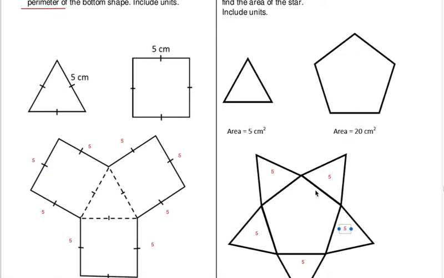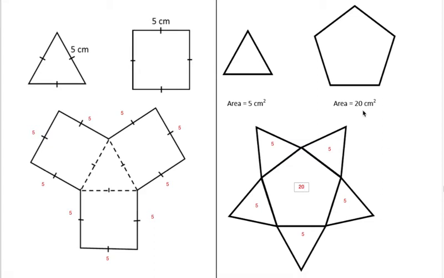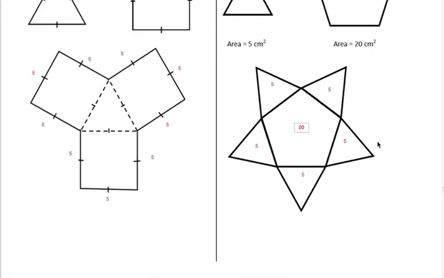And we know the area of the pentagon is 20. So now we've got 5 5s, 25 plus 20, and the answer is also 45, but this time 45 centimeters squared.